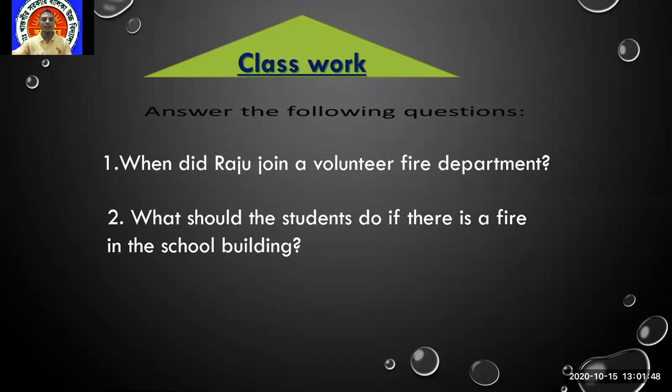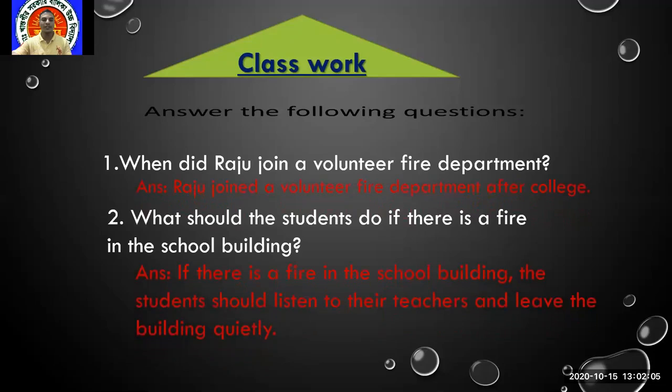I hope now you can easily answer these 2 questions. The answer of the first one is: Raju joined a volunteer fire department after college. The answer of question number 2 is: if there is a fire in the school building, the students should listen to their teachers and leave the building quietly.